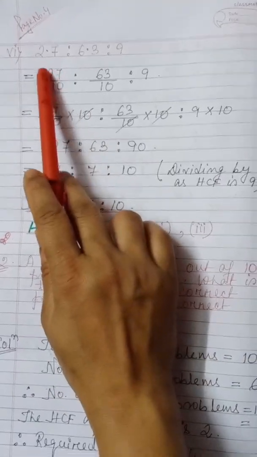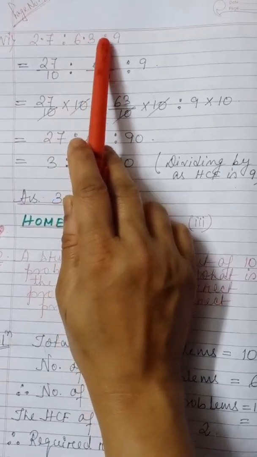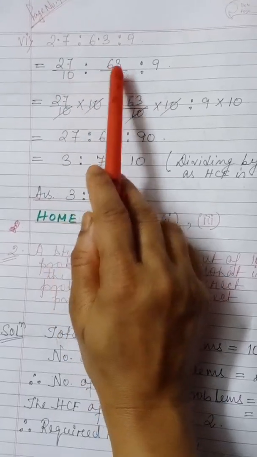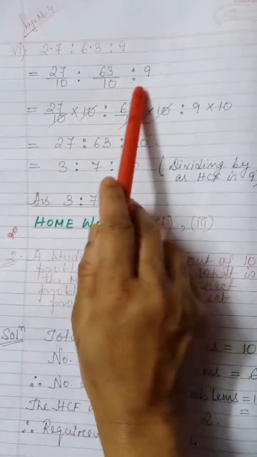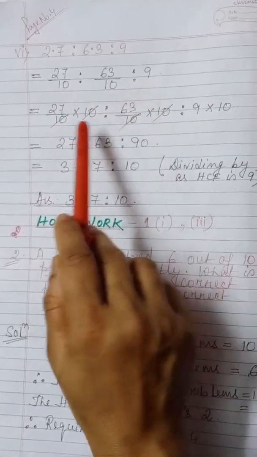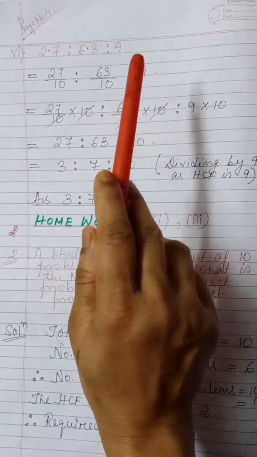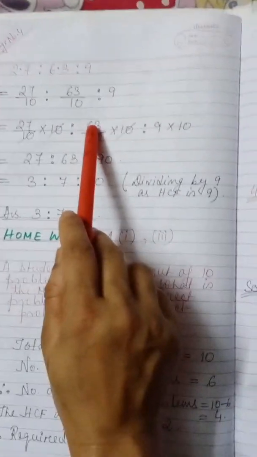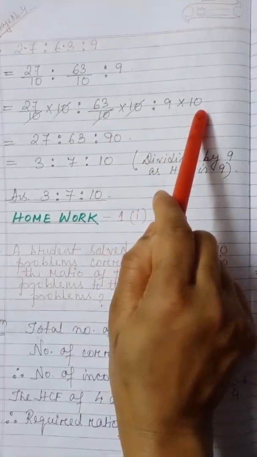Next, come to example 6: 2.7 is to 6.3 is to 9. Then 27/10 is to 63/10 is to 9. Take all the denominators. The LCM of all the denominators is 10. Then multiply all the terms by 10. 27/10 into 10 is to 63/10 into 10 is to 9 into 10.